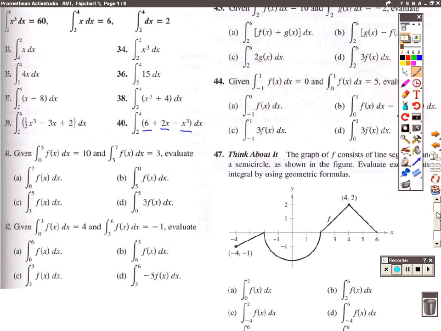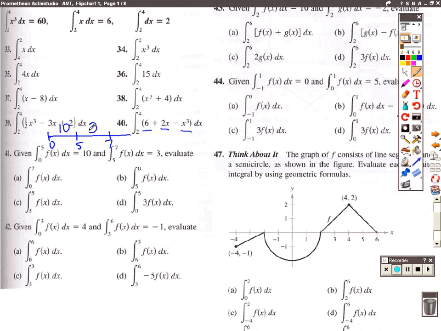In number 41, like we did in class the other day, I would make myself a number line with a 0 and a 5 and a 7. And the area from 0 to 5 is 10. The area from 5 to 7 is 3. All right, let's see what we have here.